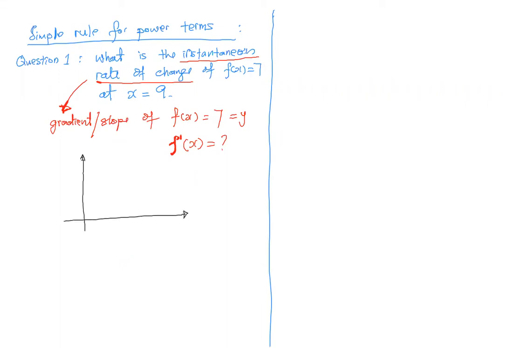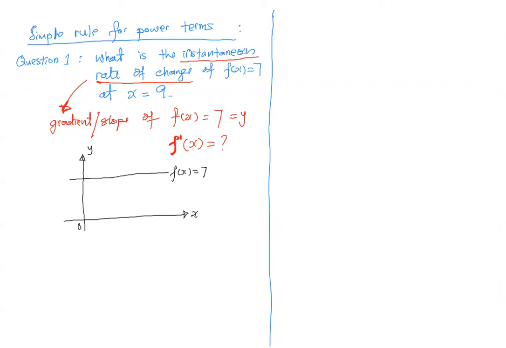But please remember, if f(x) equal to 7, the graph is a horizontal straight line, so it is parallel to the x-axis.